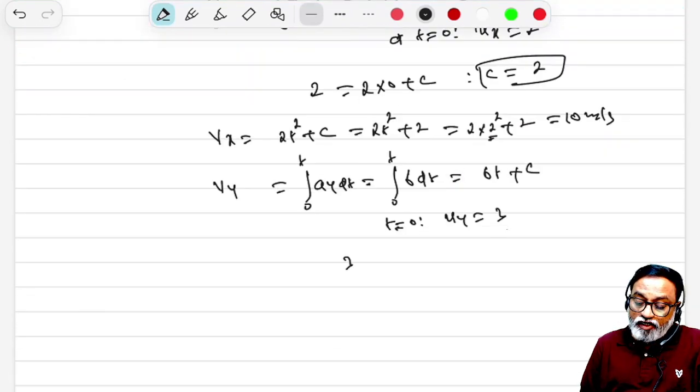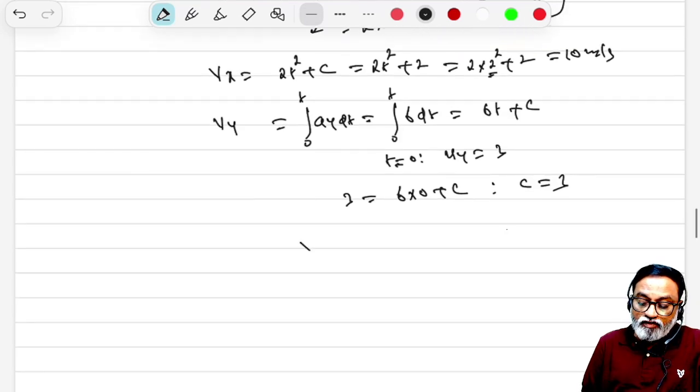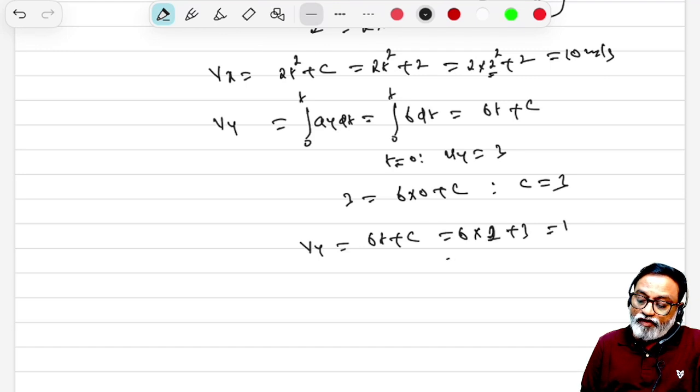Therefore, 3 is equal to 6 into 0 plus c. Therefore, c is equal to 3. Now, Vy is equal to 6t plus c. 6 into time 2 seconds, 12, plus 3, 15 meter per second.